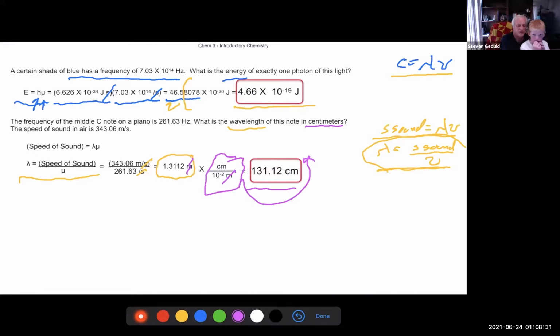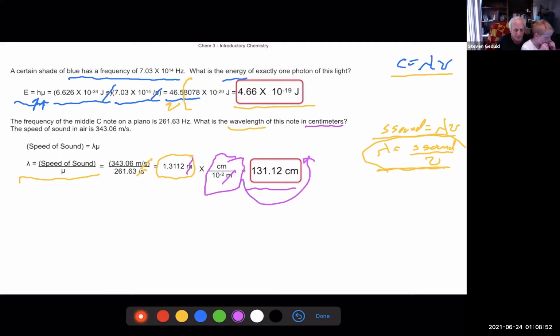Okay, any questions on those two? Do we understand it? Perfect. All right, so that was questions from chapter 4, last time I went over.